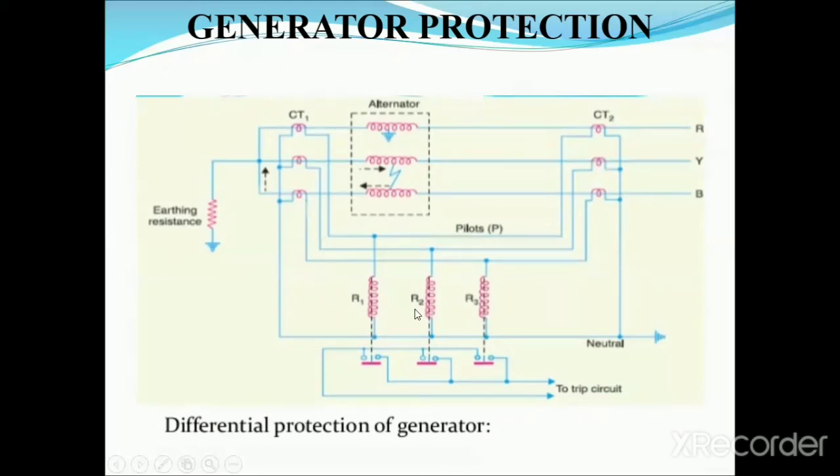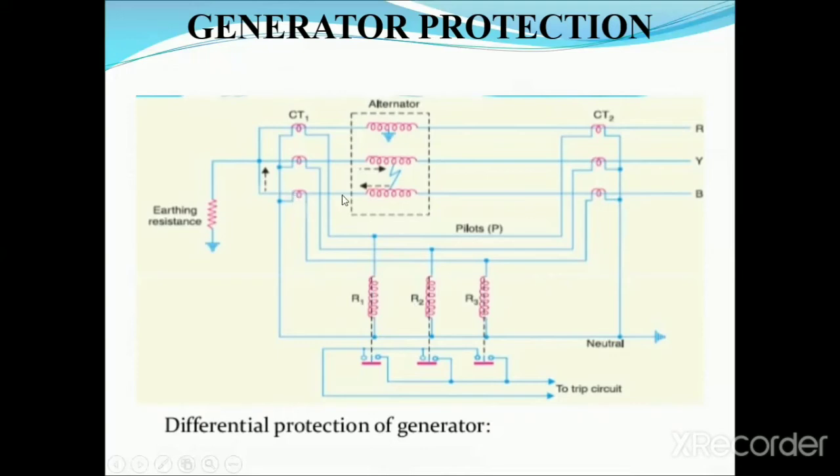If any fault or short circuit current occurs, there is some difference between CT1 and CT2. That differential current will flow through the relay coil.